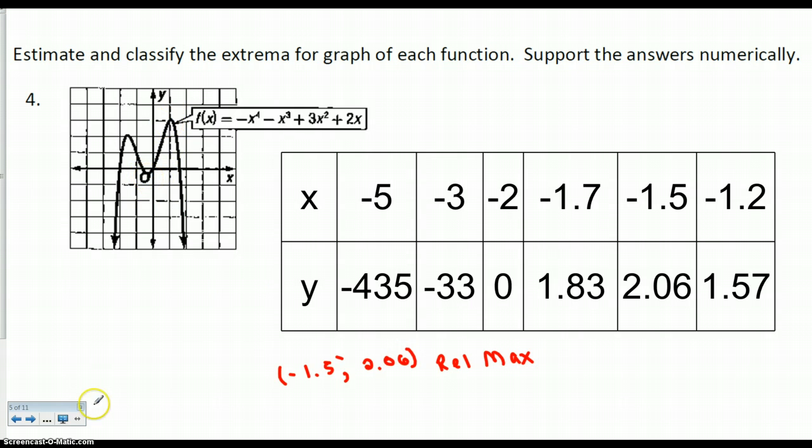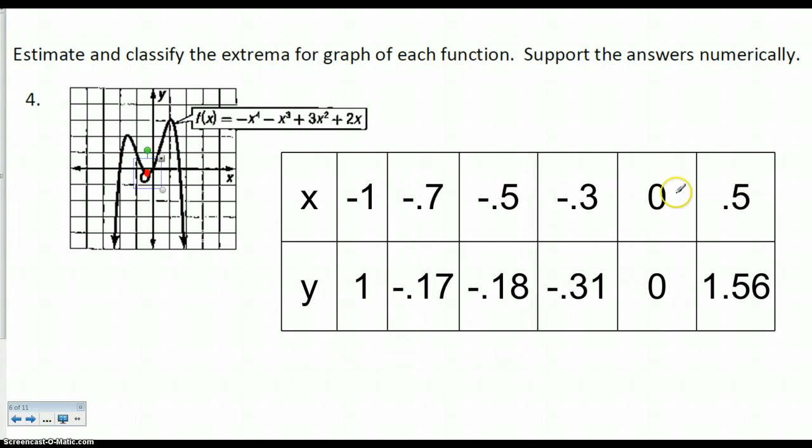So let's look at this x value right here. And we're going to say that x value is like negative 0.3. So when I go from negative 1 all the way to negative 0.3, I could see that my y values are getting smaller.